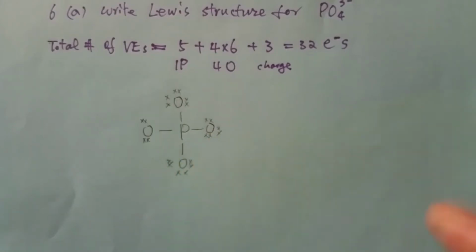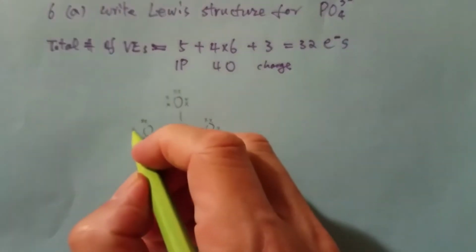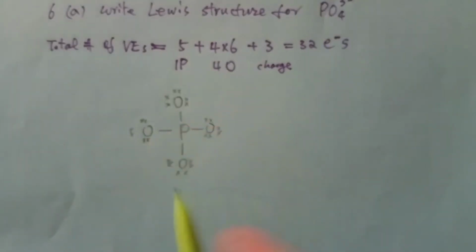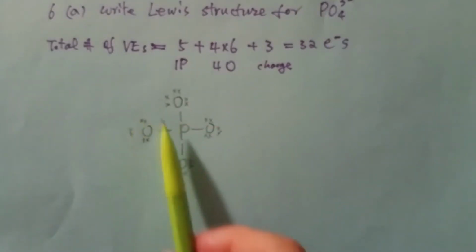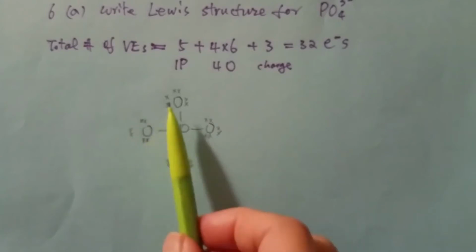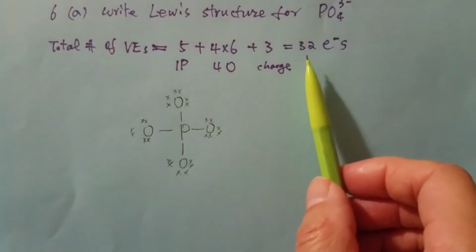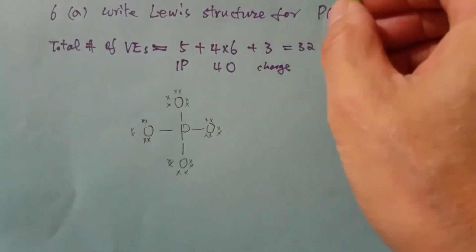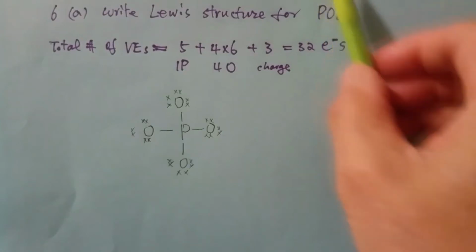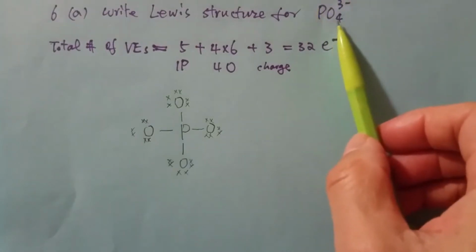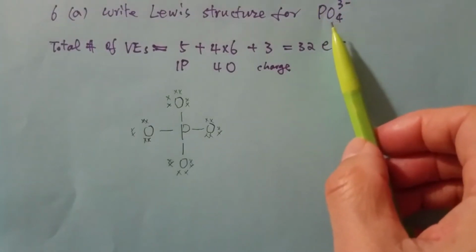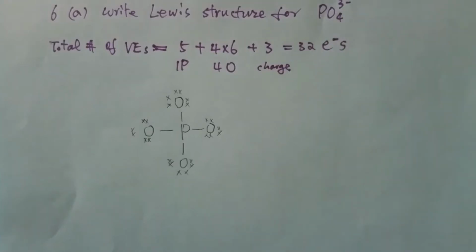If I do this, then that will also be 8 electrons here. Then 4 times 8, that's 32 electrons. So bingo, this should be the Lewis structure for the phosphate ion. But that's actually not the case.